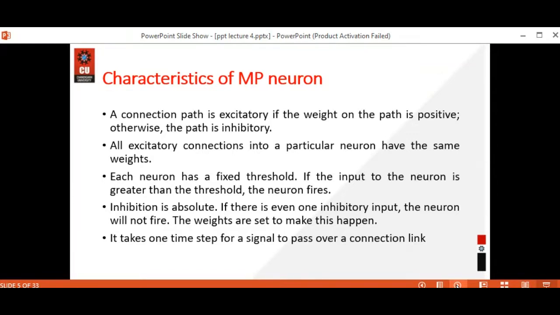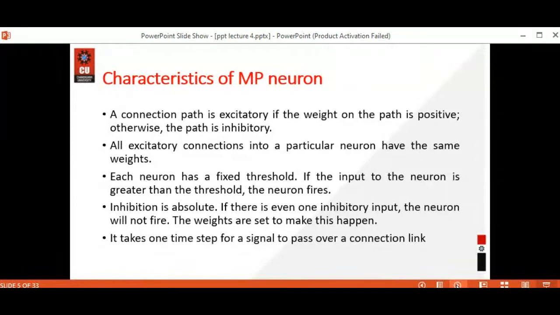Fine, we'll be doing it through an example also. But you must remember, all the positive weights are known as excitatory weights. The negative weights are known as inhibitory weights. And in a particular neuron, all excitatory weights must be of the same value and all inhibitory weights must be of the same value. These are the conditions to be fulfilled for designing an MP neuron.